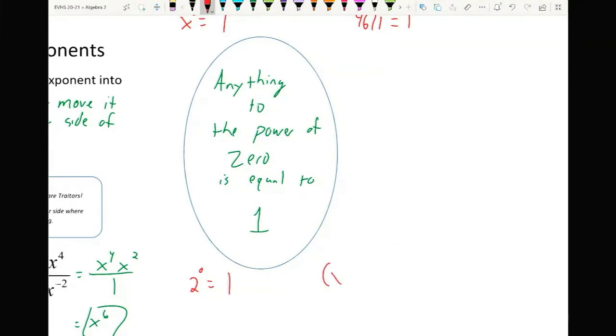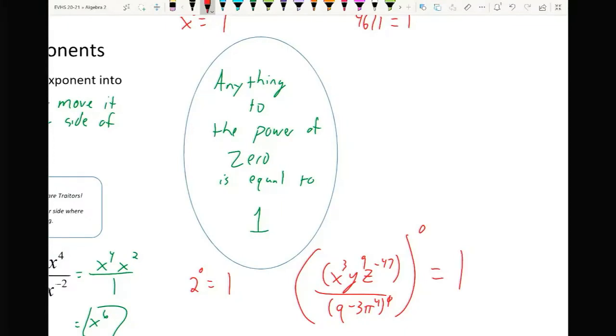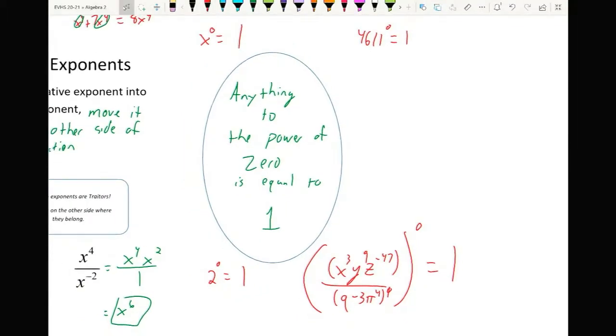Some complex, crazy thing, x cubed y to the 9th z to the negative 47th all over q minus 3 pi to the 4th power, all raised to the phi power. You don't even know what those symbols are. I mean, you know what pi is. You don't know what phi is. But all of that raised to the 0 power is 1. It doesn't matter. Just raised to the 0 power, it's always 1. Oh, I say anything there. I'm going to put that in quotation marks.